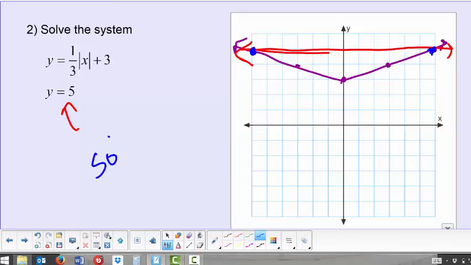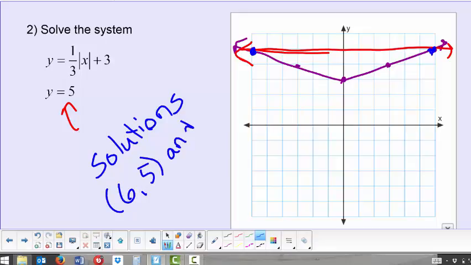So my solutions are 1, 2, 3, 4, 5, 6, 5 and 1, 2, 3, 4, 5, -6, 5. I counted the wrong way there. So that one would be 6, 5, and that one would be -6, 5. And that's all you have to do.